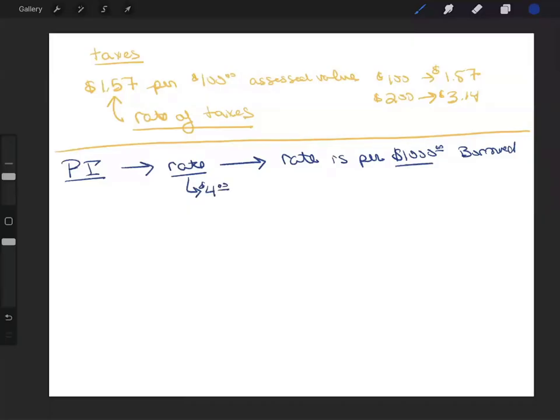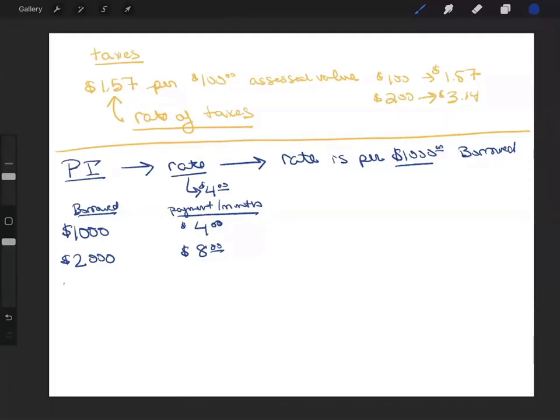It's $4 per 1,000. If you borrowed $1,000, your payment per month would be $4. If you borrowed $2,000, then your payment would be $8 a month. Does this kind of make sense?